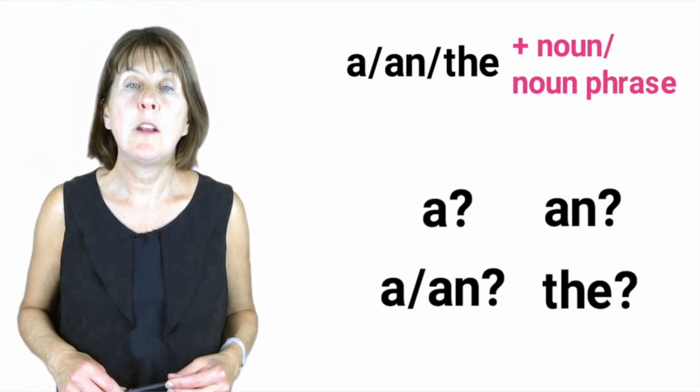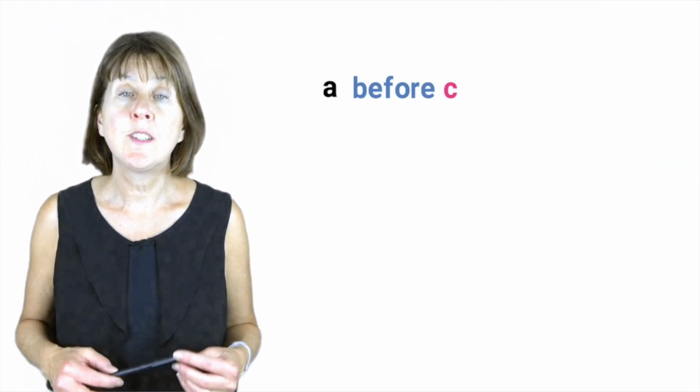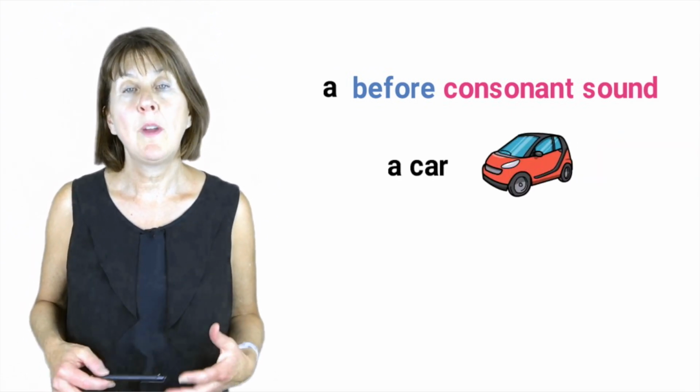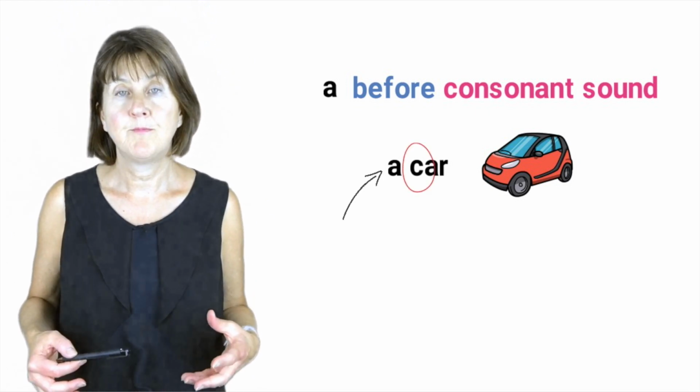Okay, so let's start by looking at when to use a and when to use an. So a is used before a consonant sound. So we say a car. Here we have a consonant sound, ka, so we use a.